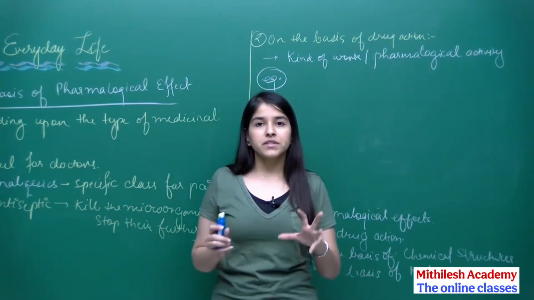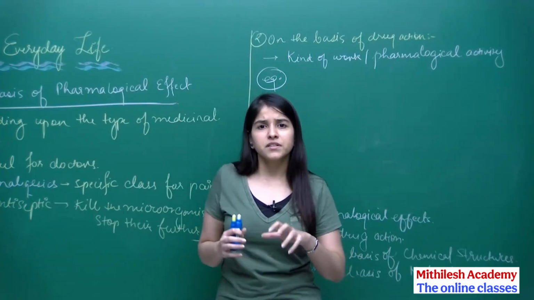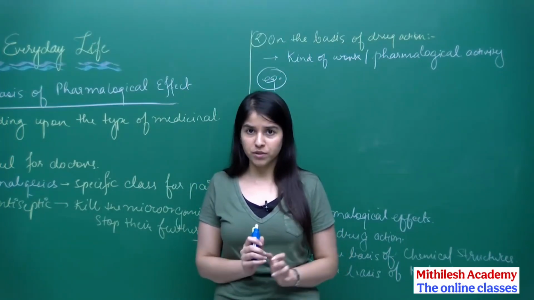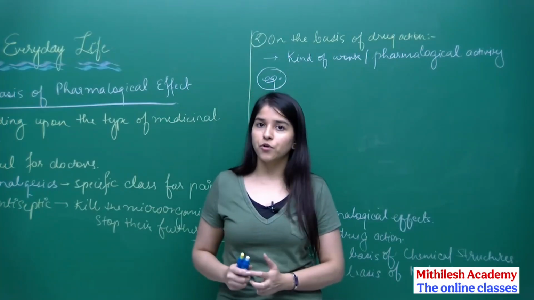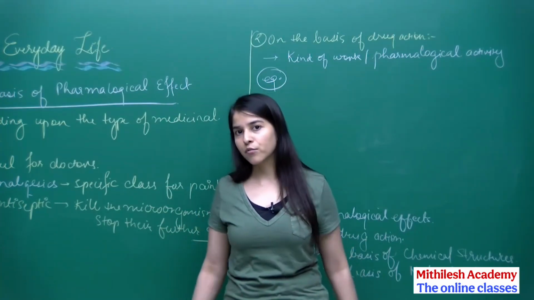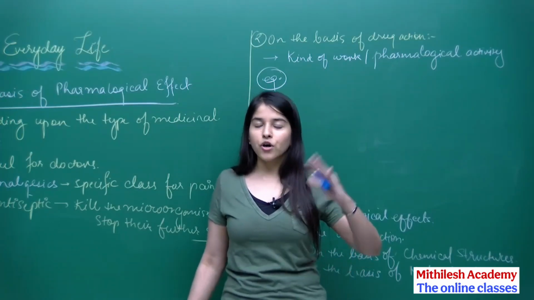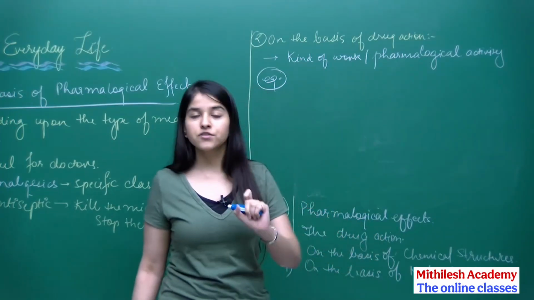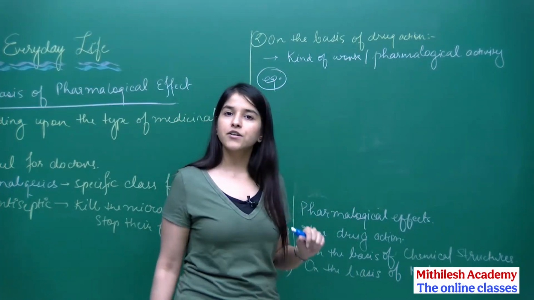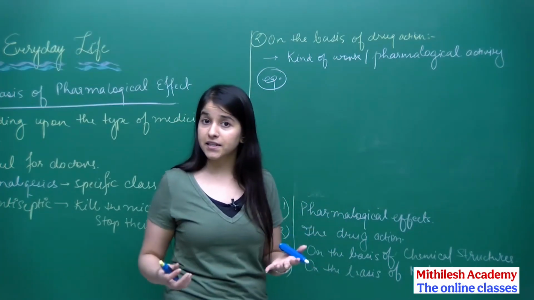This will disrupt the normal activity of a human being, which causes a lot of problems. There may be release of so much histamine in our body. In order to prevent that, we have got a solution for it. What kind of solution? We have got a class of drugs known as antihistamines.